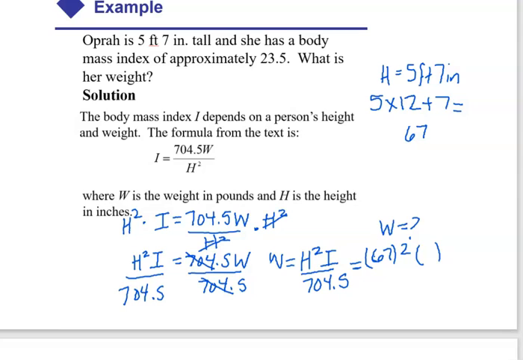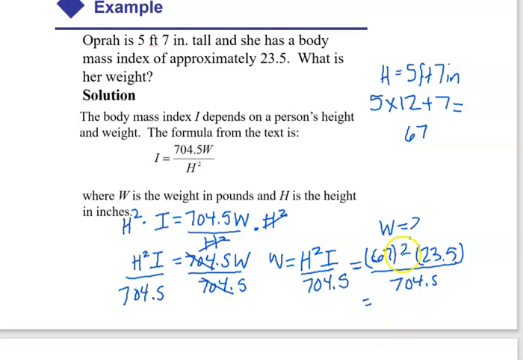So 23.5 all divided by 704.5. If you have a graphing calculator, you can do alpha y equals and just put it in exactly like this and you'll get the right answer.